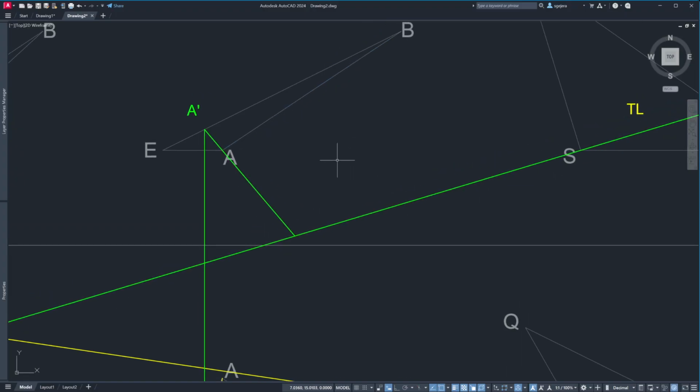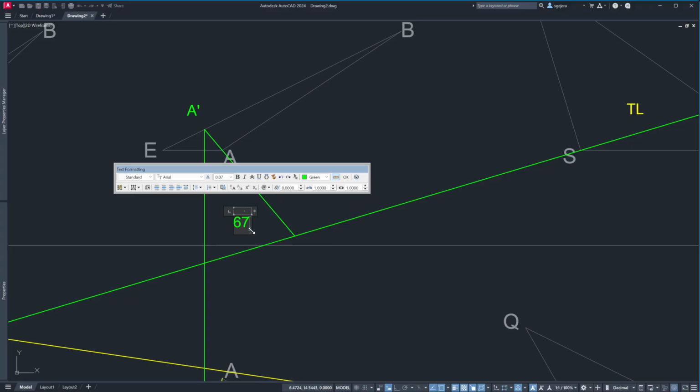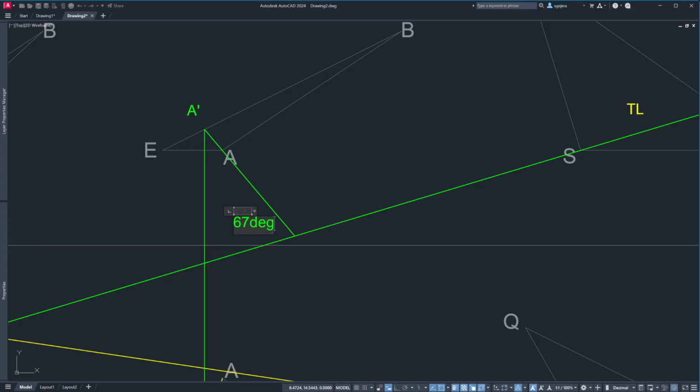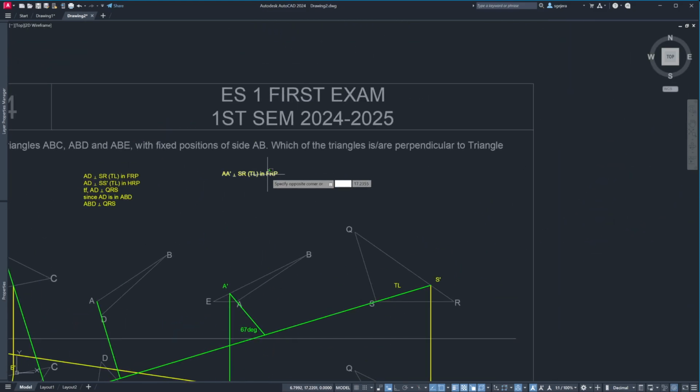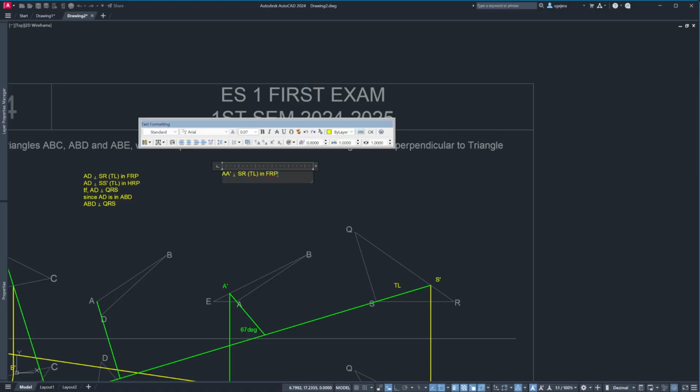Right? And we could probably write that down, no? Para mas malinaw, 67 degrees. Let me lagay ko lang muna 67 degrees. Babaguhin natin yung mamaya. Okay? So dito, we can say that AA prime, I can't do the parang not perpendicular symbol dito sa AutoCAD.